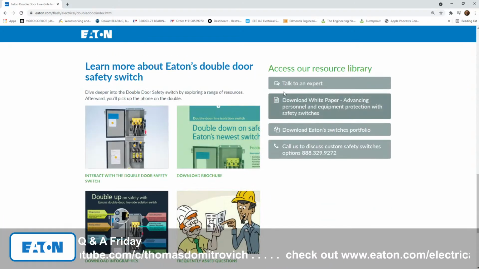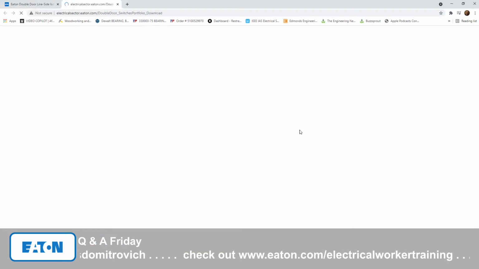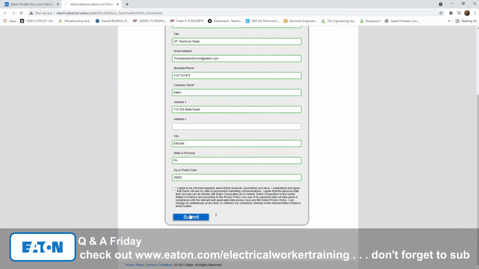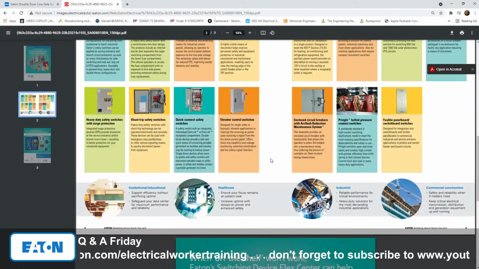Let's just take a look at the switch portfolio. Here's the switch portfolio.